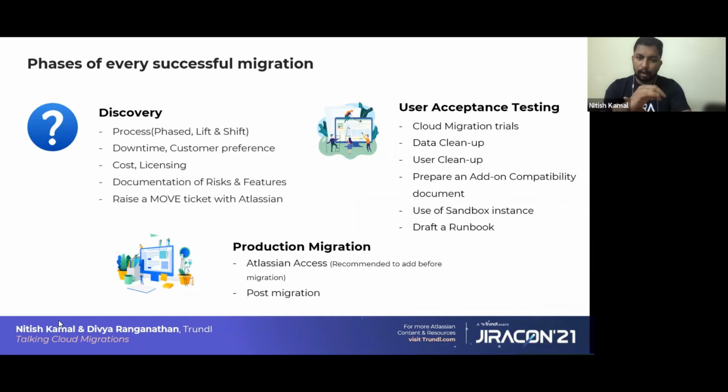You need to analyze what exactly you're planning to migrate. What is the current state of your Jira or Confluence if you are still hosted on a server? If you're hosted on a third-party application, then we need to understand what are the things which we can migrate over to Jira Cloud or Confluence Cloud, and what are the things which we'll have to let go. So that is something which we'll have to understand. Downtime.